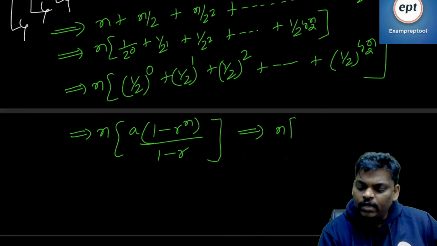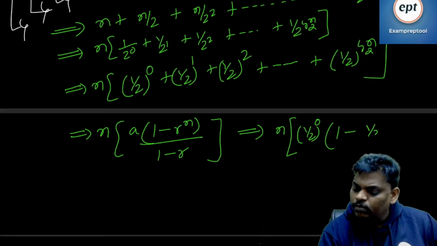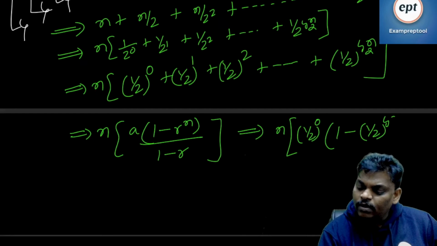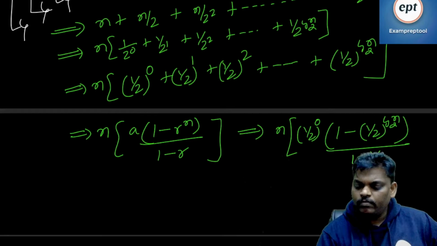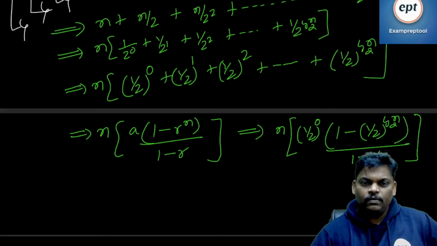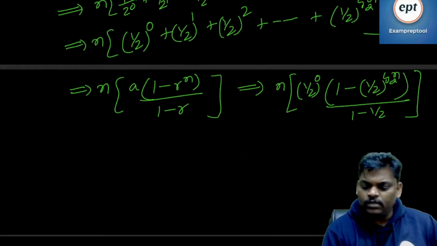A value 1 by 2 whole power 0 means 1. 1 minus R power, R is 1 by 2, whole power. How many terms are there? Log n base 2 terms are there. By 1 minus R, 1 minus 1 by 2. Just substitute in that formula.